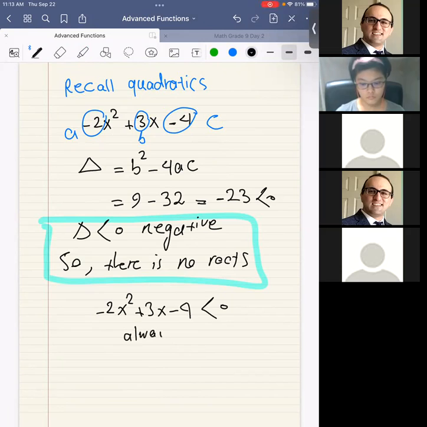So I can determine that it is less than 0 by the coefficient. Why is it always negative? Because the coefficient is -2. It's always the same sign: if the coefficient is positive, it's positive. If the coefficient is negative, it's negative.